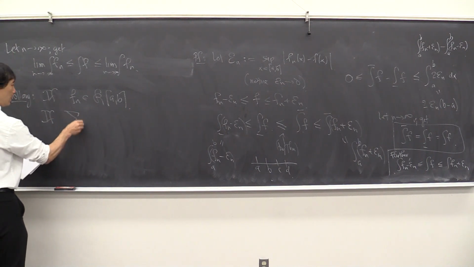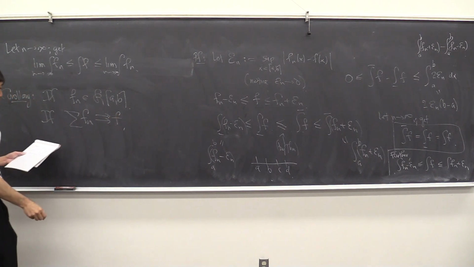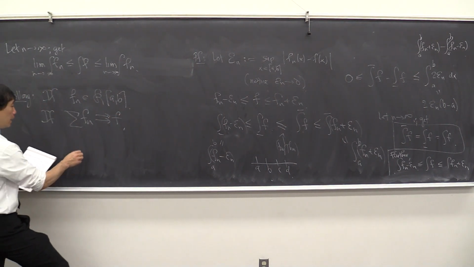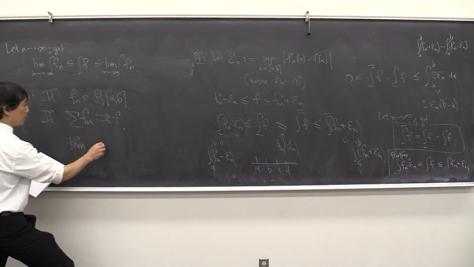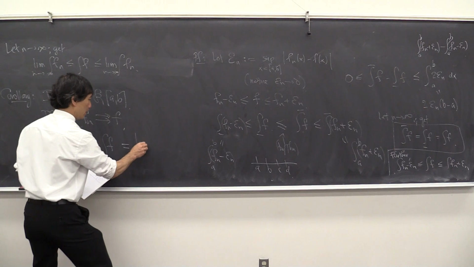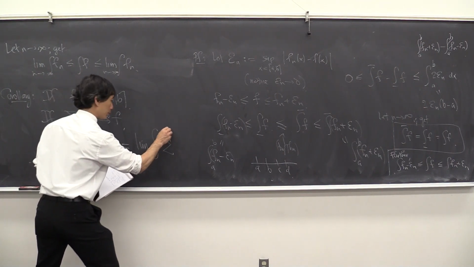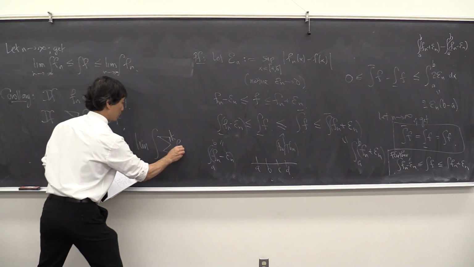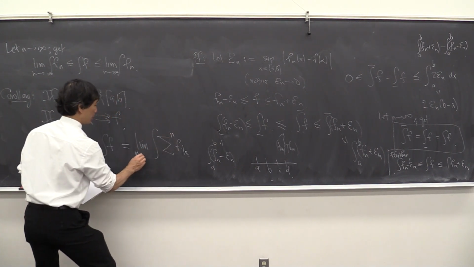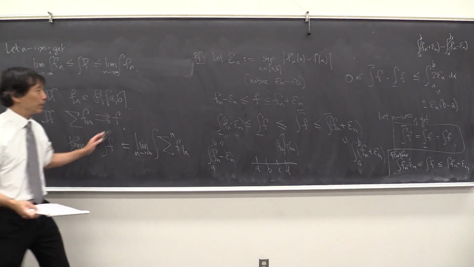If their sum converges to f uniformly, then what do we see? We see that just by the theorem, the integral of f equals the limit of the integrals of the partial sums of that infinite series.